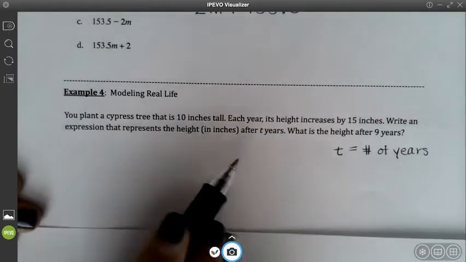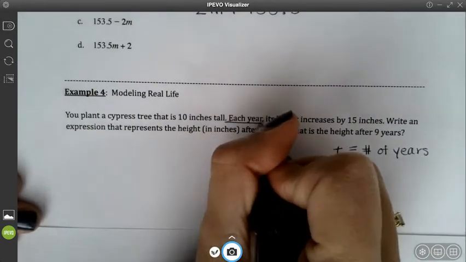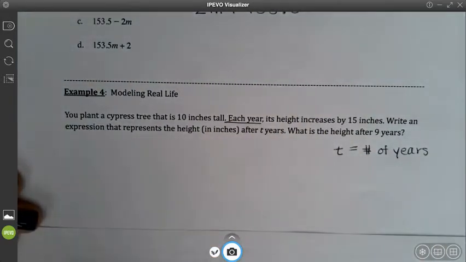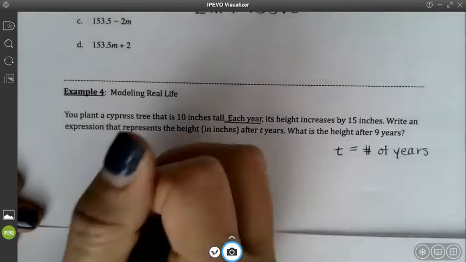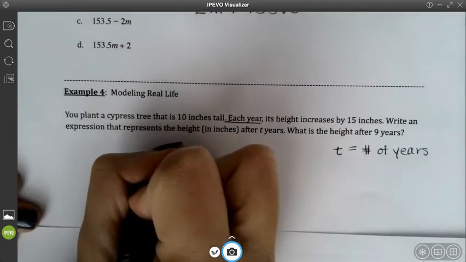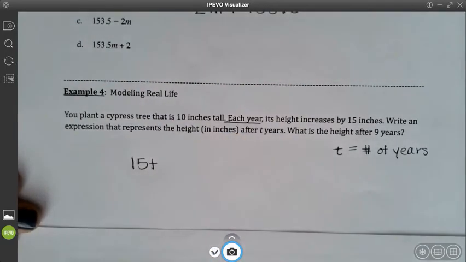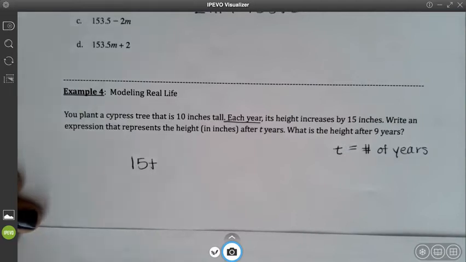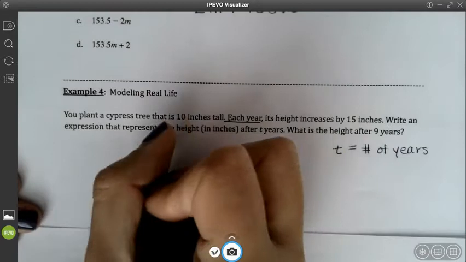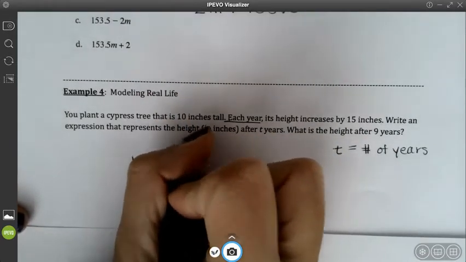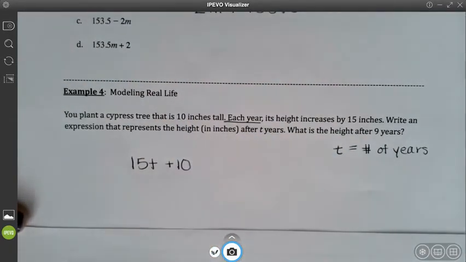So if T is the number of years and each year, the word each is important, the height increases by 15 inches. That means that we are multiplying 15 by the number of years. We also know that we were already 10 inches tall. So we already had those 10 inches included in our expression. So this is the expression.